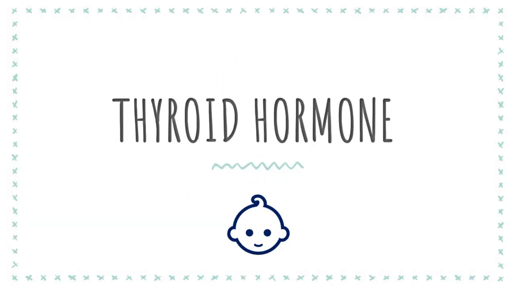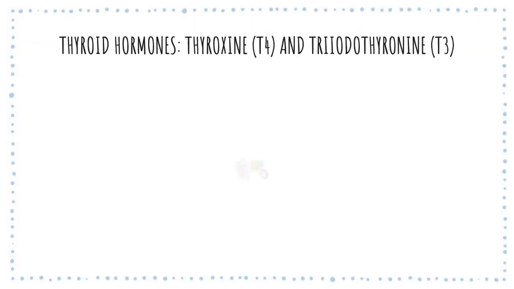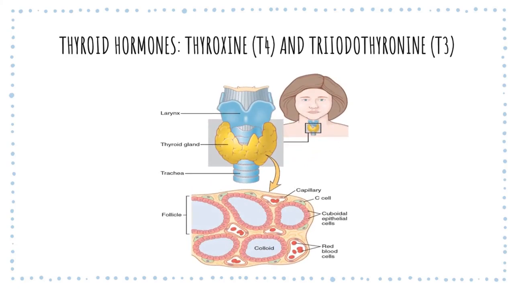Thyroid hormone. Thyroxine contains iodine, which is essential for the body's normal growth and metabolism. Triiodothyronine has a similar function to thyroxine.